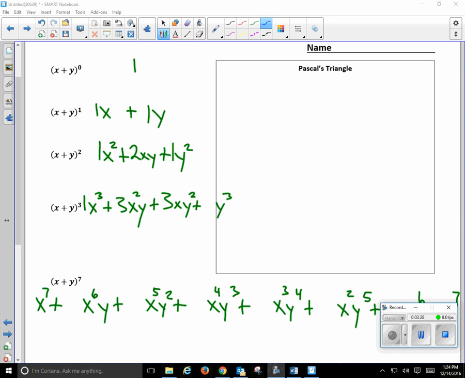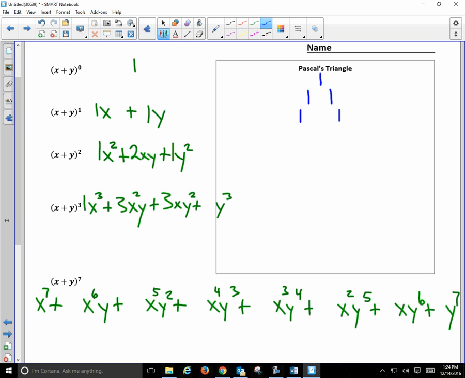Pascal's triangle starts with a 1. And then we bring down a 1 on each end. So the first one has 1 term, then 2 terms. The next one has 3 terms. Again, there will be 1 on each end, but the middle number we create by adding the 2 above it.